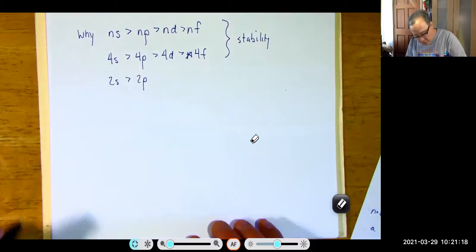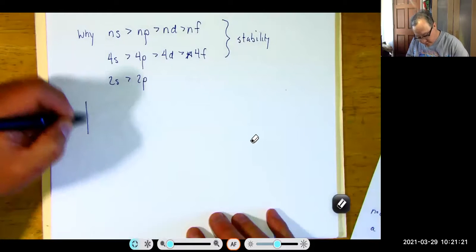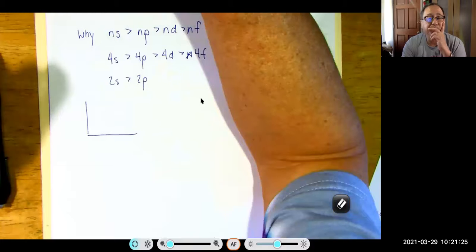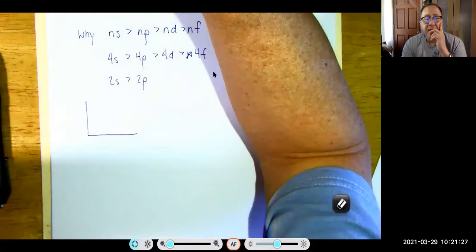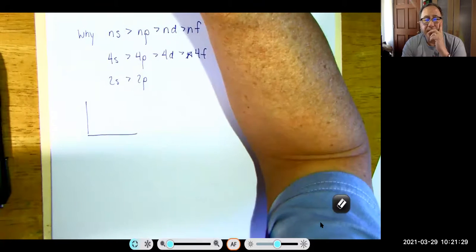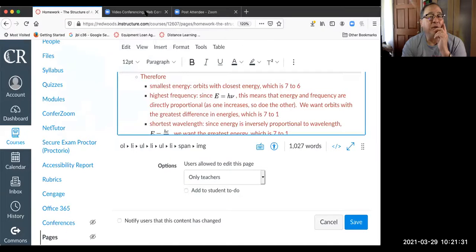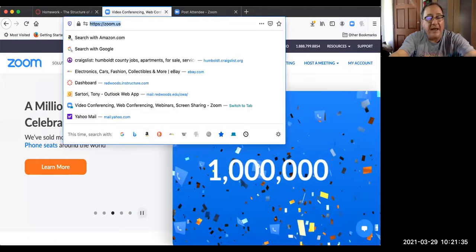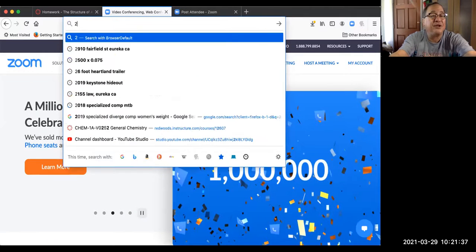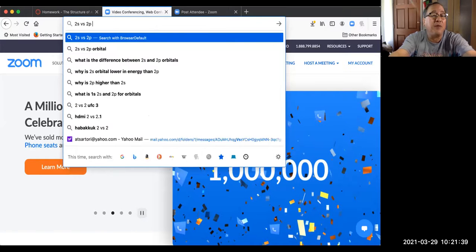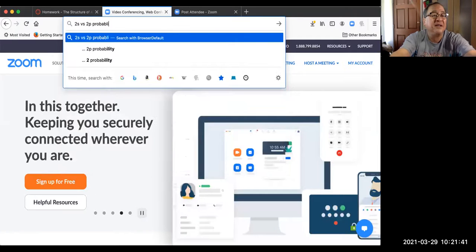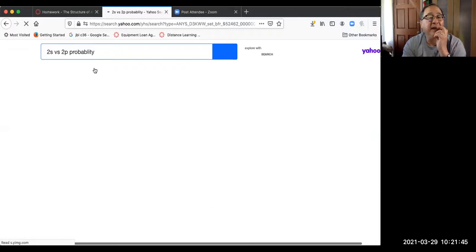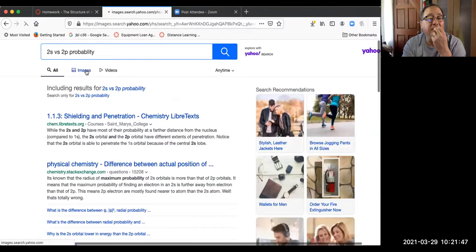Okay, so when you look at these curves, what I'm going to do is a new search, and I'm going to type in 2s versus 2p probability, and hopefully I can get the images that I'm looking for.